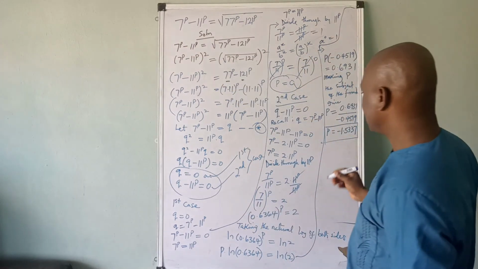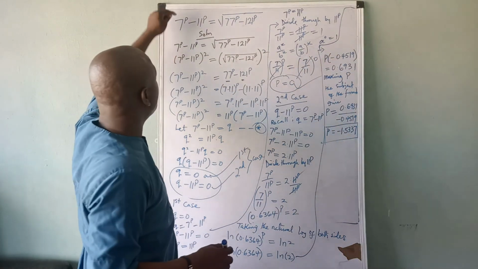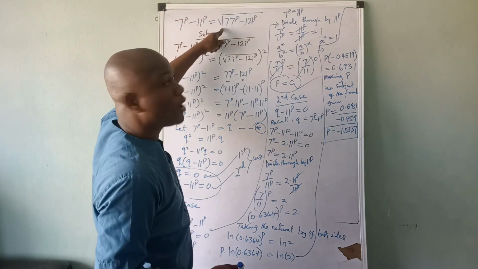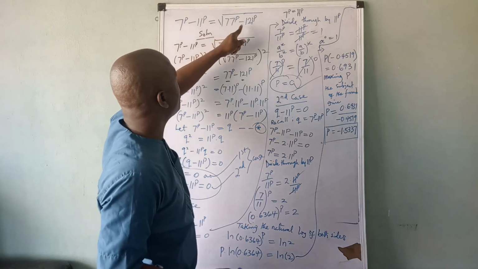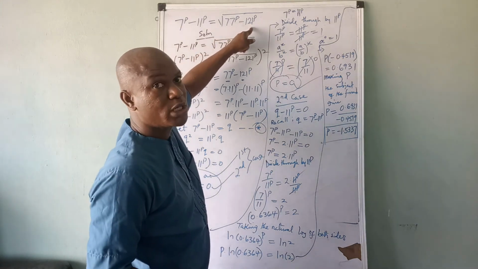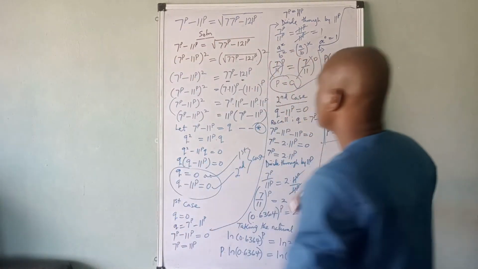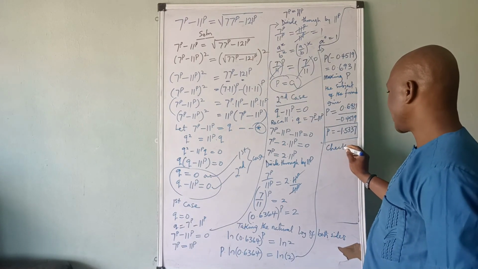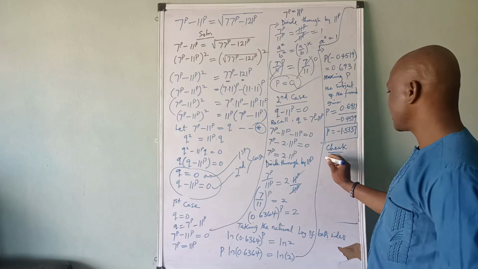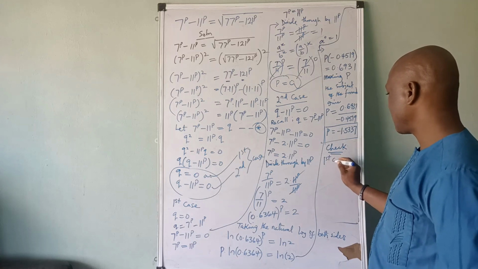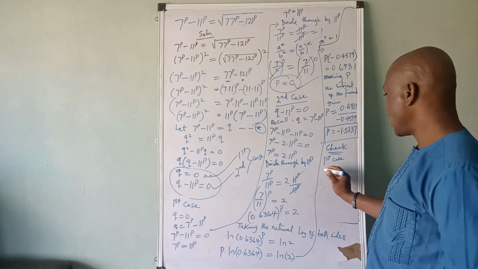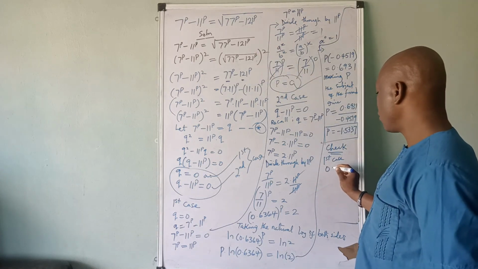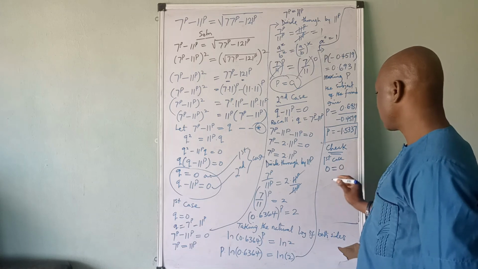So if we do that, you can have 7 raised to the power 0 minus 11 raised to the power 0 is equal to the square root of 77 raised to the power 0 minus 121 raised to the power 0. So if you do that for case 1, you have from the original equation that 0 is equal to 0.